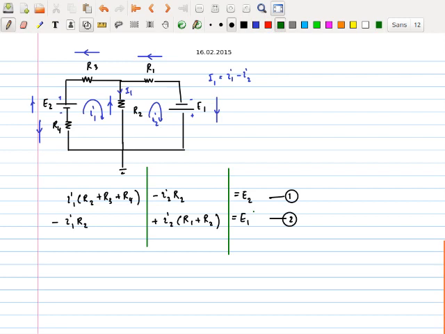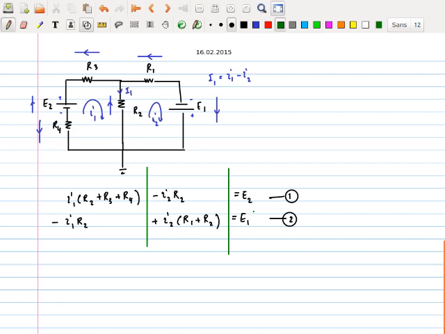The first column talks about basically I1. It has some coefficients, but it primarily talks about I1. The second column talks about I2. Third column, the voltage source. Now we are beginning to see some structure in this.